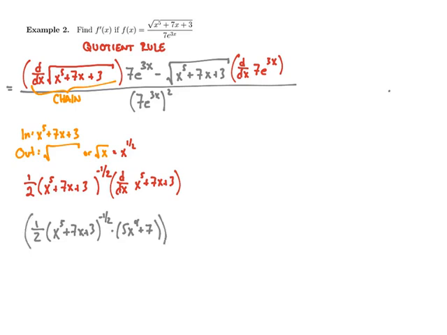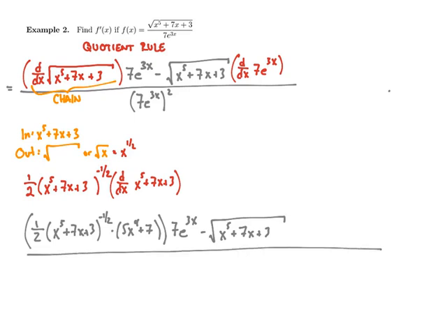All of that is going to be multiplied by 7e to the 3x minus square root of x to the 5th plus 7x plus 3. We have the bottom is the same, and we just need to figure out this other derivative here. And this 7e to the 3x, again, is going to be a chain rule problem.